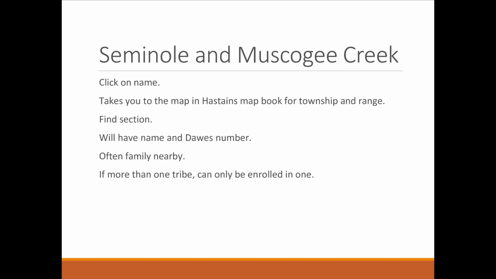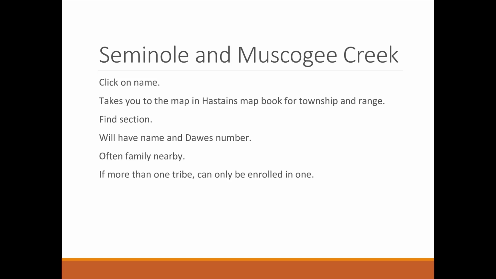So I will do a search for Mr. Moore, and I will click on his name, and it's going to take you to the map in the Hastings Map Book for Township and the Range, and that's on their site. We'll find the section, and it will have the individual's name and their roll number. Often there's other family nearby.